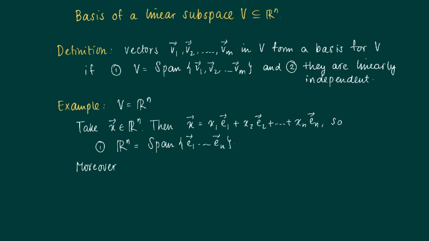Moreover, it's easily seen that these vectors are linearly independent. Why is that? Well, each ei has a 1 on the ith coordinate, whereas the others have only zeros. So we cannot do without any of these ei's.